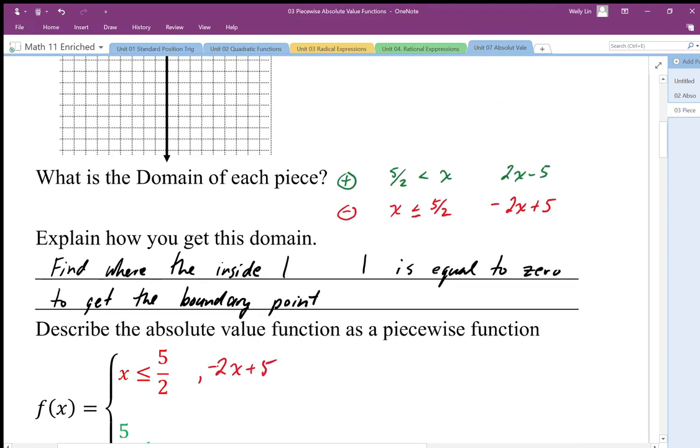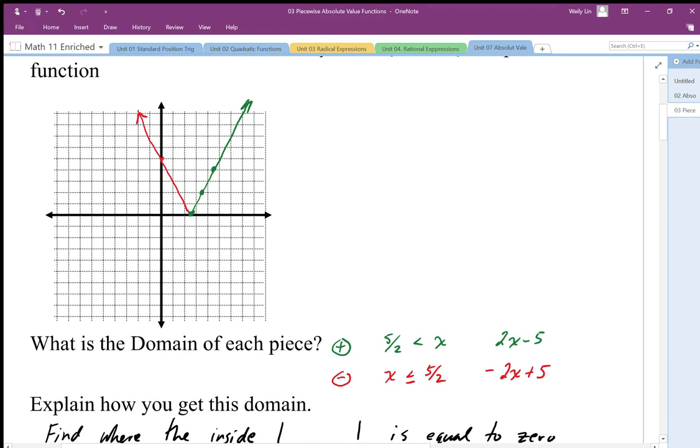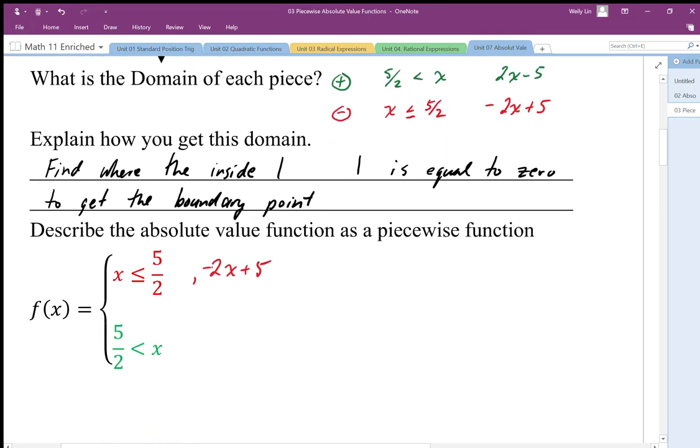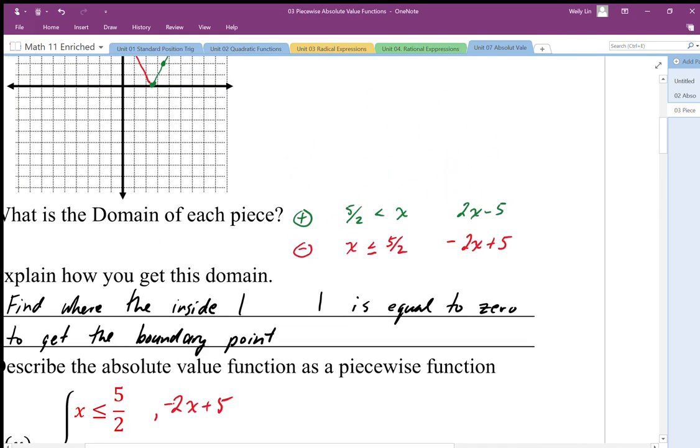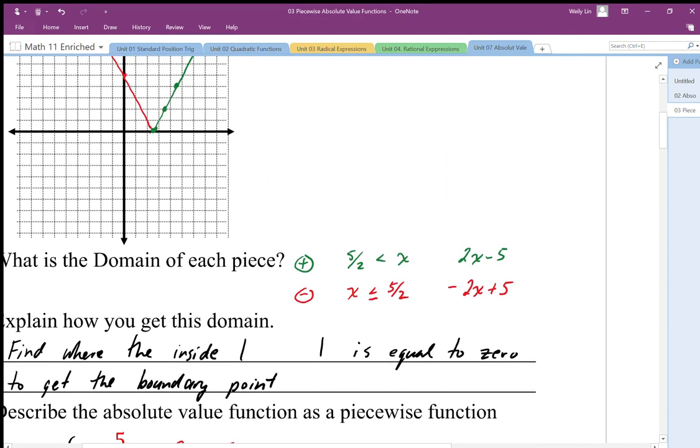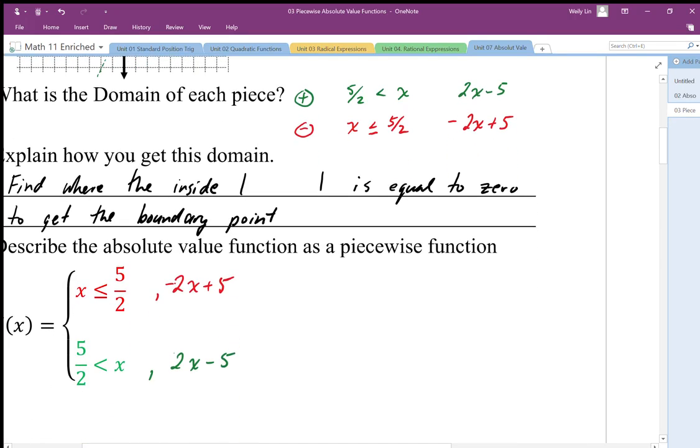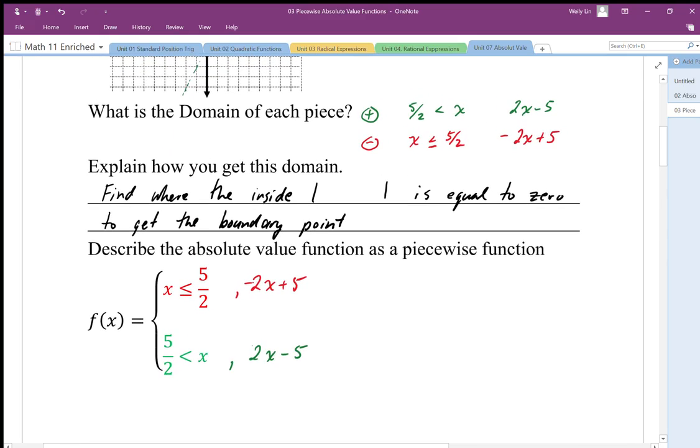So it's a linear equation with slope of 2 and a y-intercept of 5. And when it hits the boundary point, it's going to switch to positive 2x minus 5. So that green graph, if I were to continue it, should go through that negative 5 y-intercept.